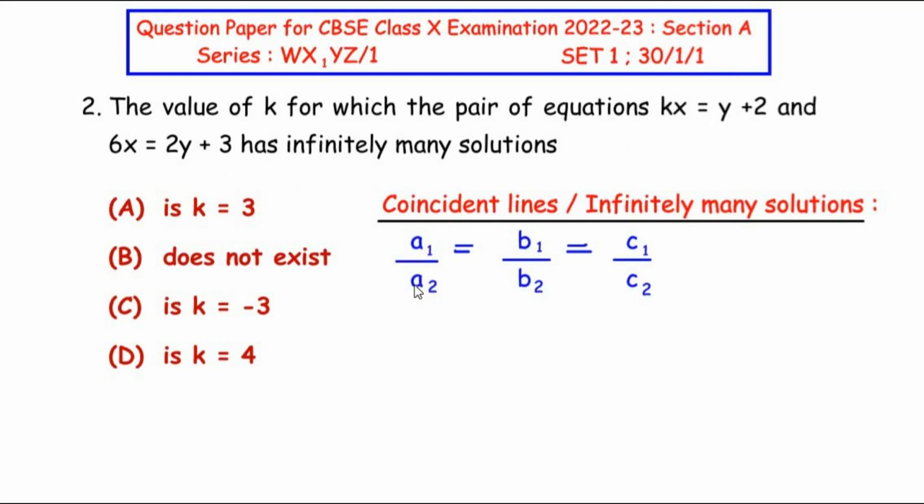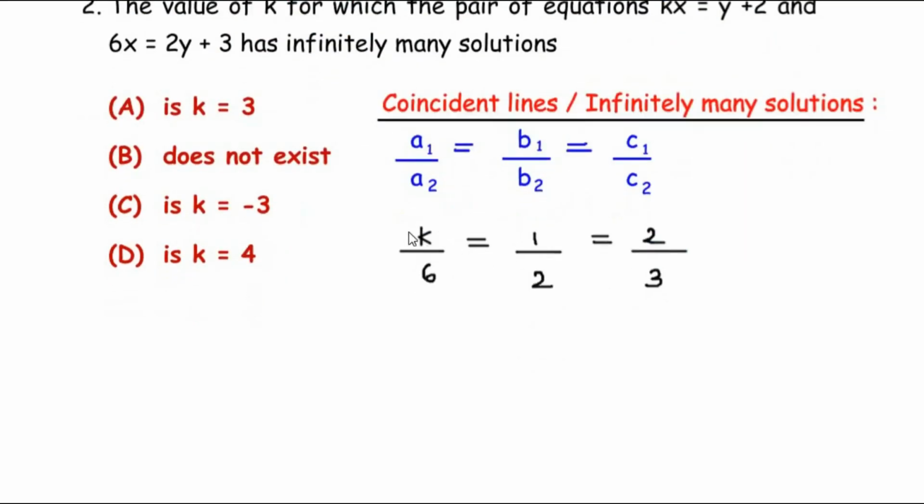Now a1 over a2, a1 is the coefficient of x for the first line, which is k, over a2 is going to be 6, is equal to, now let us see what is the coefficient of y. So for the first line the coefficient is 1, over, for the second line it is going to be 2, should be equal to c1, that is constant of first line is 2 and the constant of the second line is 3.